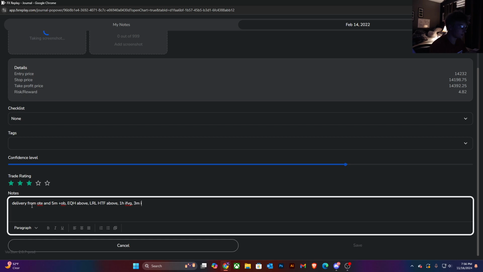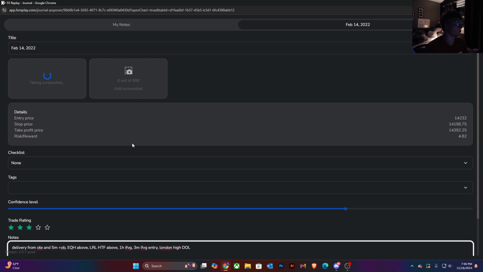Wait, this is 3-minute inversion entry. Four-hour unfilled is kind of far. London high is the draw, I think. So yeah, we'll try this though.